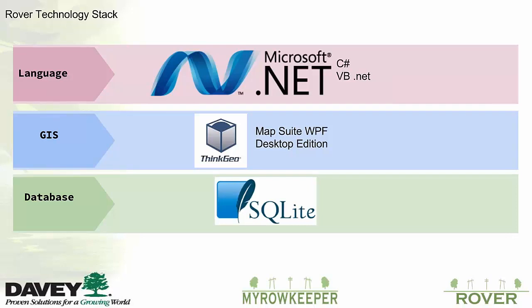So one thing I want to draw your attention to is Davie Resource Group has made an effort with this technology to really focus more on open source technologies as much as possible. And so you'll see a lack of Esri in a lot of our technologies. Now, that's a decision that we've made in order to accomplish our goals as well as save our customers money.